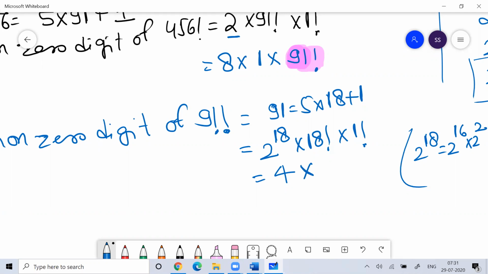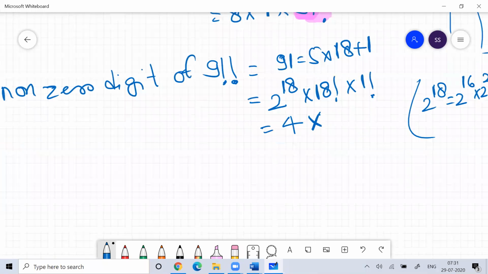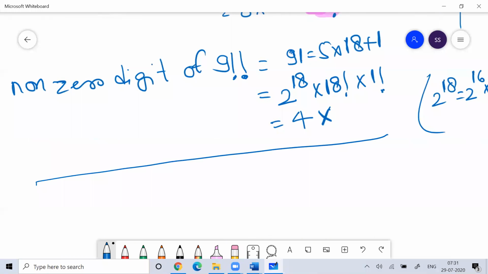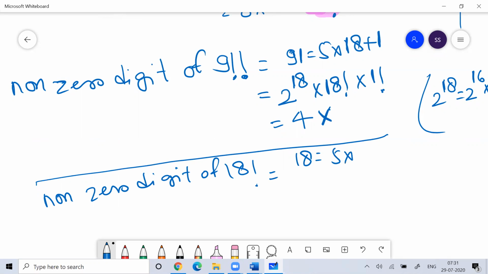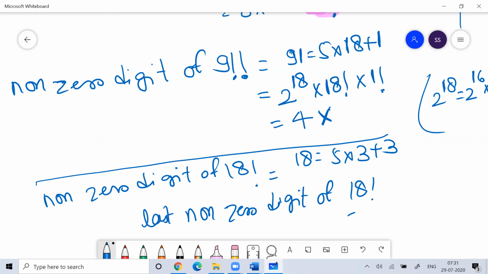Now what is 18 factorial? I don't know the value of 18 factorial, so I'll find the last non-zero digit of 18 factorial. 18 is 5 into 3 plus 3. So the last non-zero digit of 18 factorial is 2 to the power 3 into 3 factorial into 3 factorial.